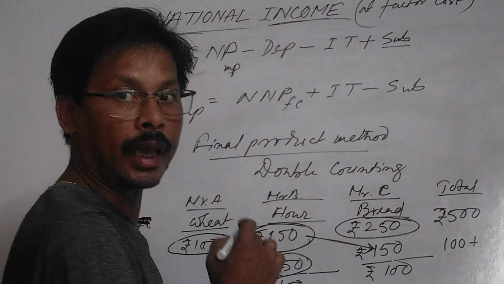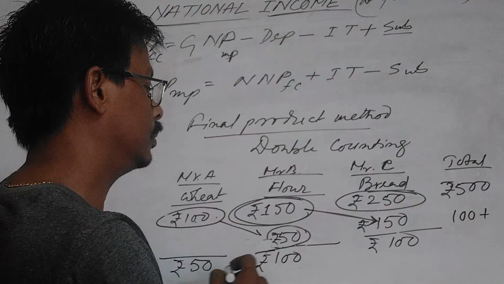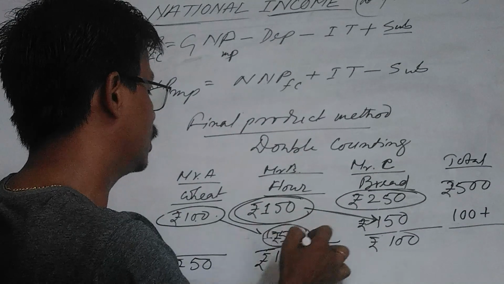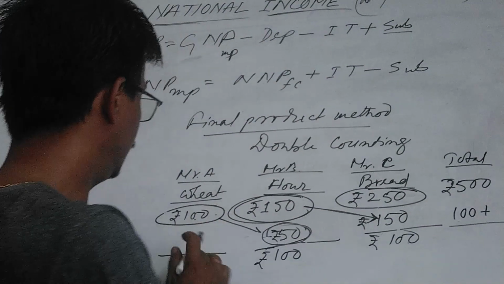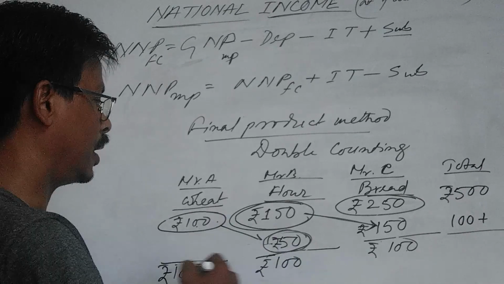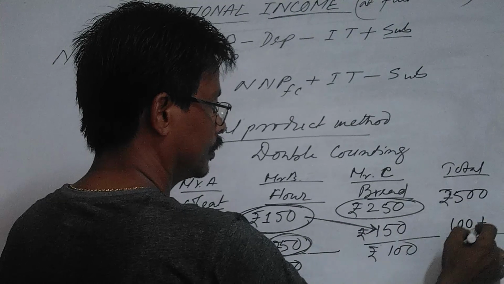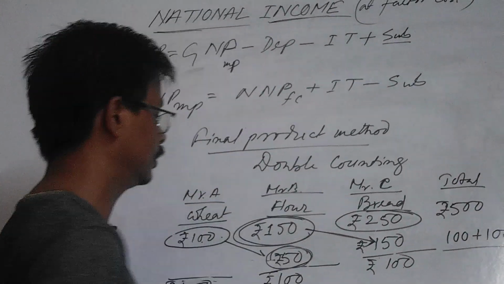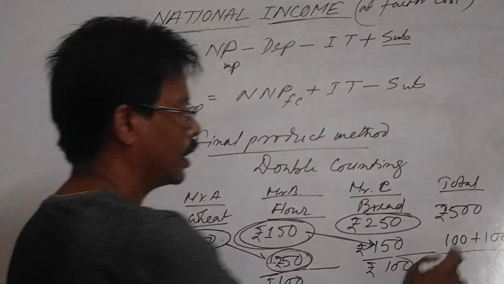It means the actual production, after deducting the value of intermediate goods, is 100 plus 100 plus 100, equal to 300.